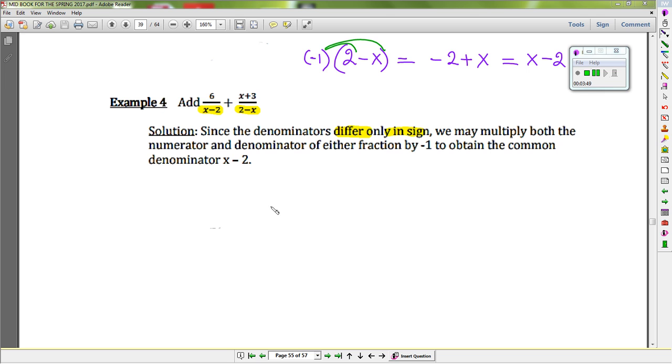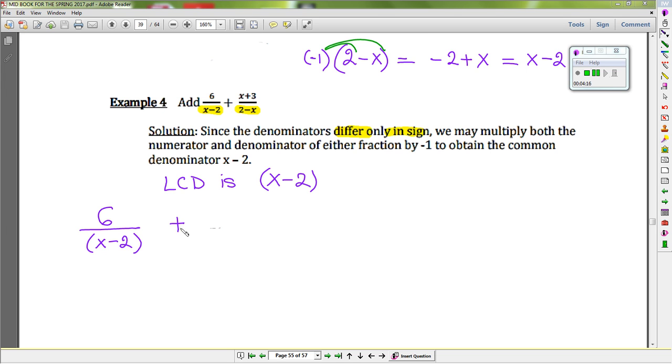So what we are going to do is, step number 1, our least common denominator is x minus 2. So we start with the first fraction, 6 over x minus 2. It already has the least common denominator, so we don't have to multiply by anything. So it stays.